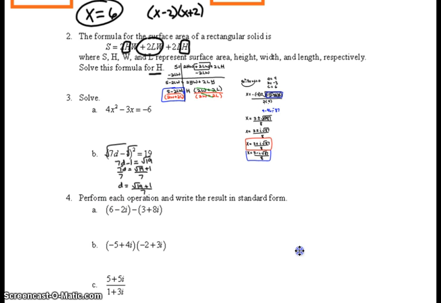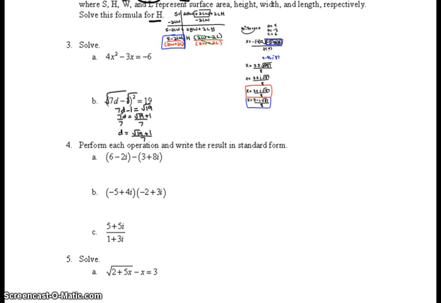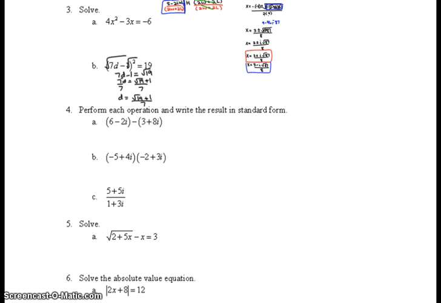Okay, on number 4, perform each operation and write the result in standard form. When we're subtracting complex numbers, keep your real numbers together and your imaginary numbers together. So 6 minus 3 and negative 2i minus 8i.